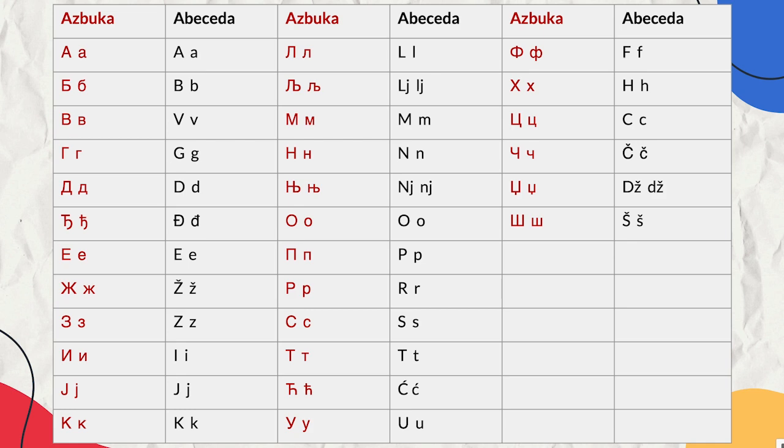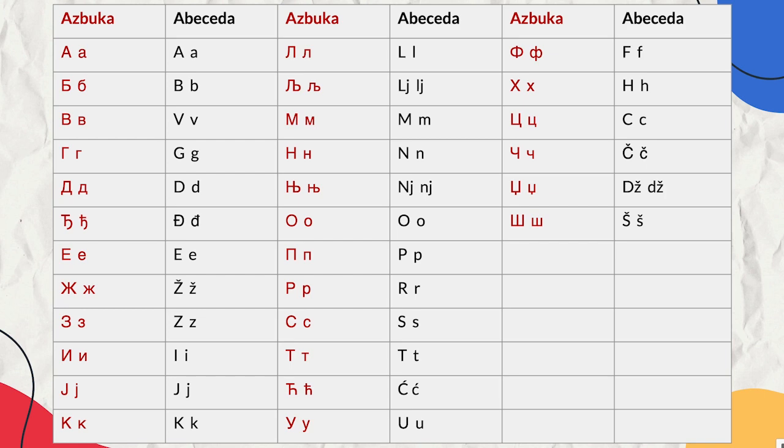That's why my lessons are first taught or given in abeceda, the Latin one, which is kind of the more frequent alphabet today. Here we have Cyrillic, which is listed in the correct order. Abeceda is not listed in the specific order that we learn it in school in Serbia, but I changed it a bit because you can compare it to Azbuka.